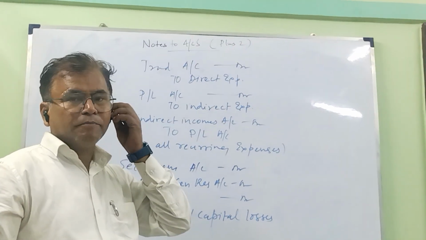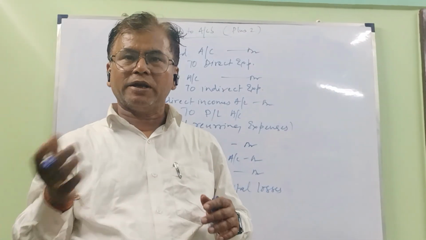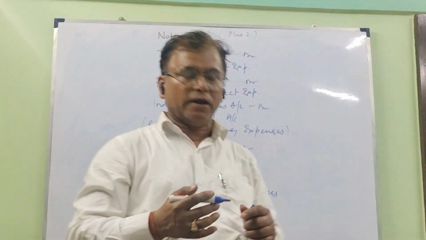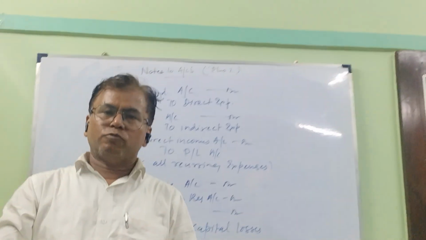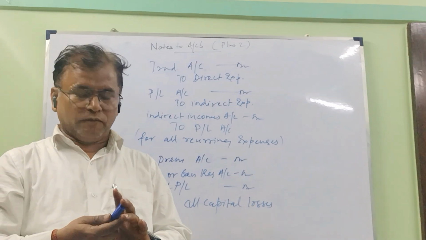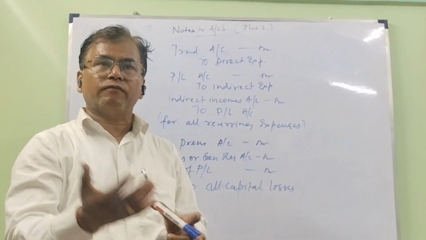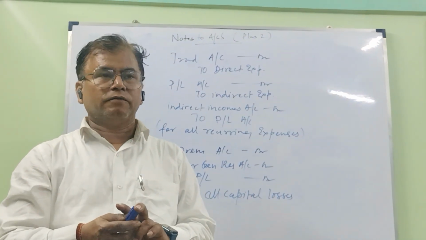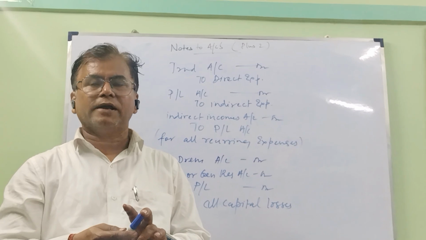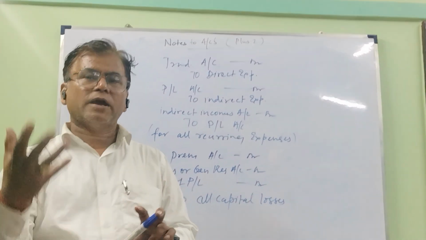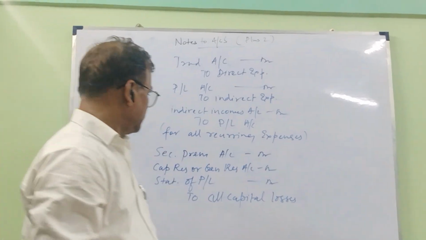So with the salaries example which I gave you, you should understand that all nominal accounts are to be closed through the trading and PL account, because they are to be absorbed by the profits, while capital losses can be carried forward if they are not written off within that year. But there is a rule for some of the capital losses to be absorbed within that particular year.